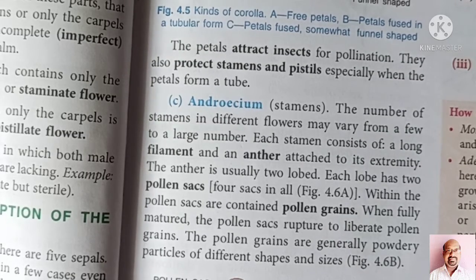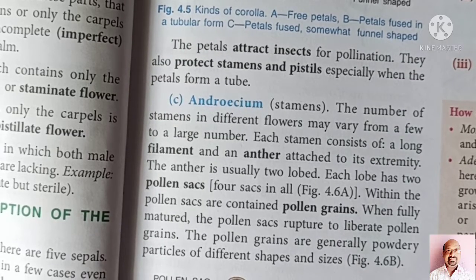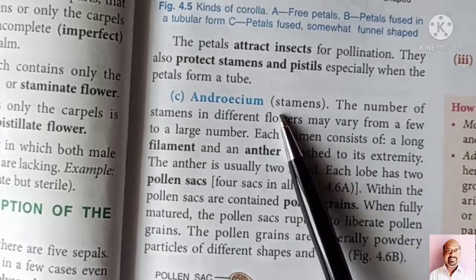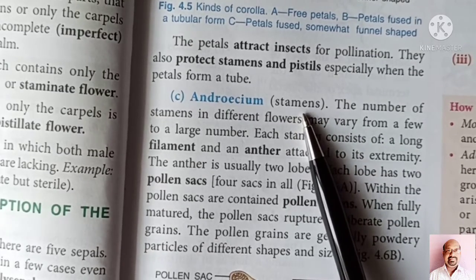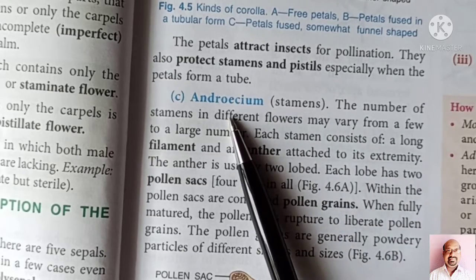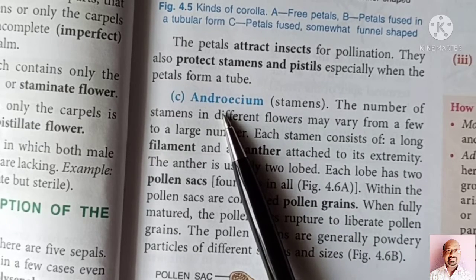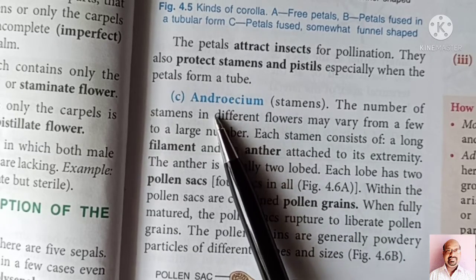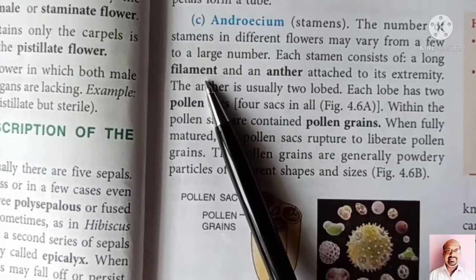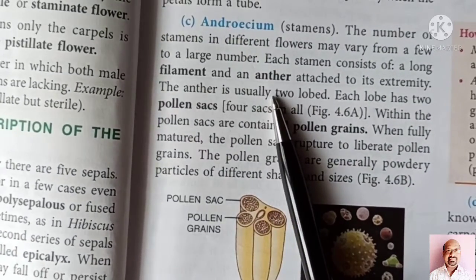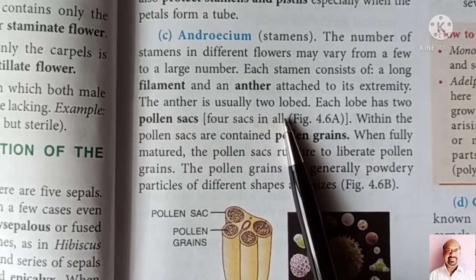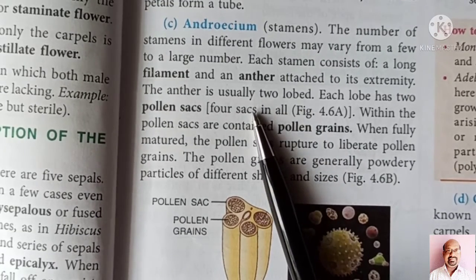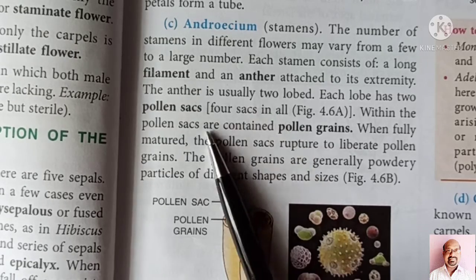Now we will discuss androecium. Separately they are called stamens. All stamens together are called androecium. They are the male reproductive part, and it consists of filament and anthers. Anthers usually have two lobes, and each lobe of anthers contains two pollen sacs.